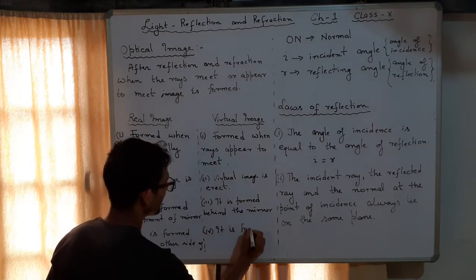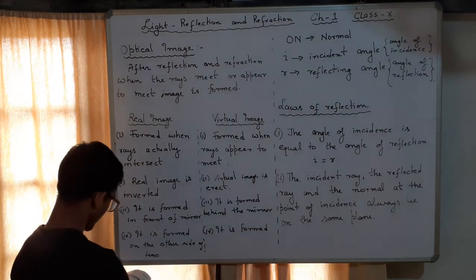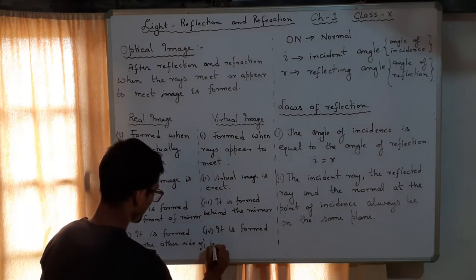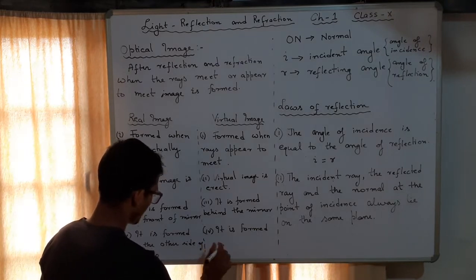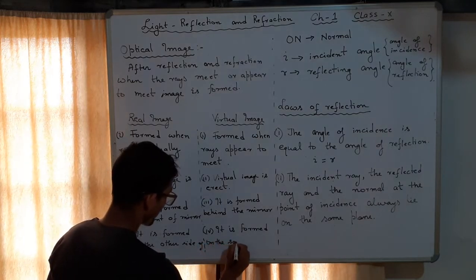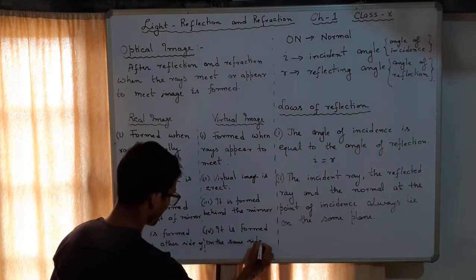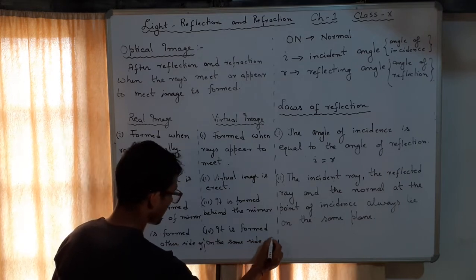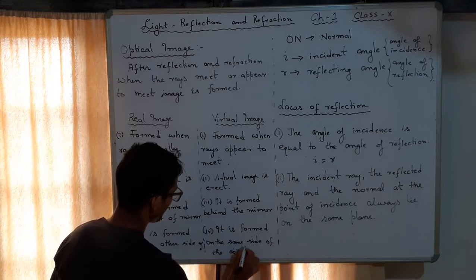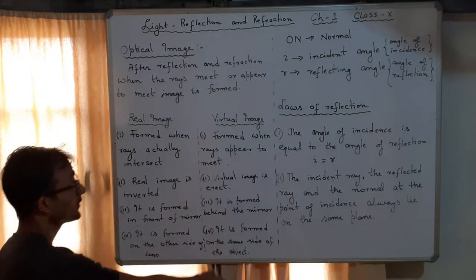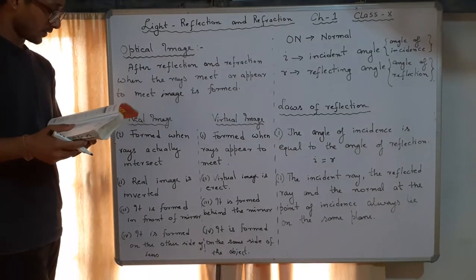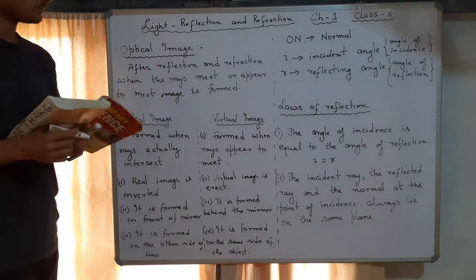It is formed on the same side of the object. If the object is left side, the image will also form left side in case of virtual image. Okay, so we have seen what type of images are there.